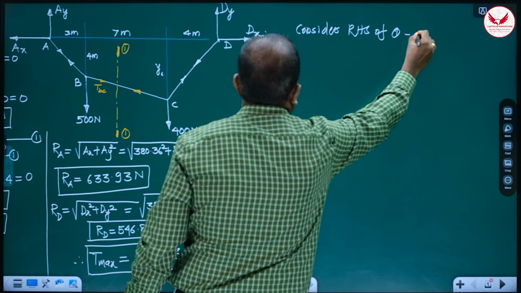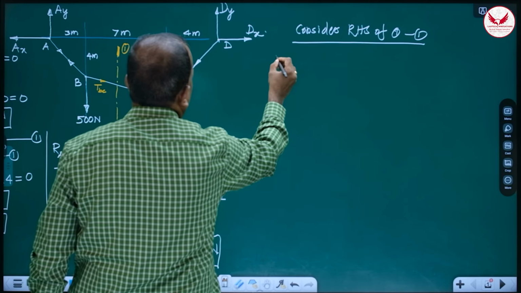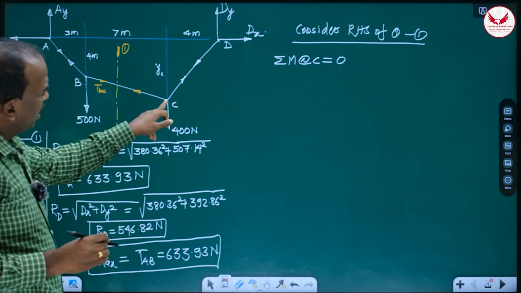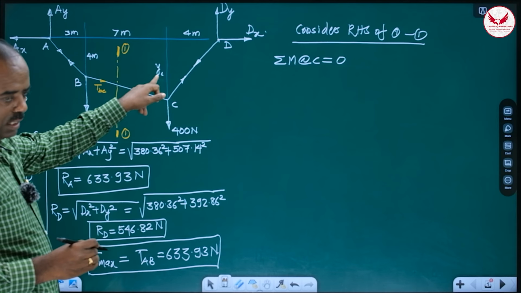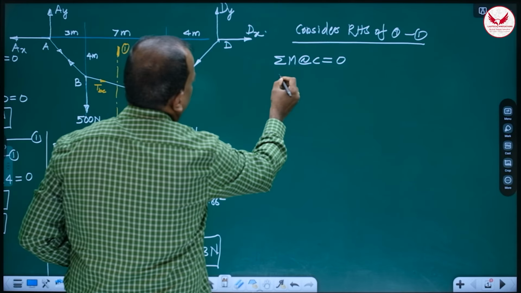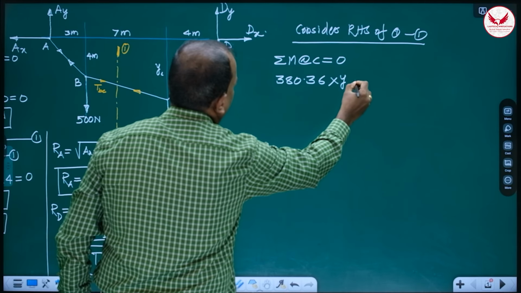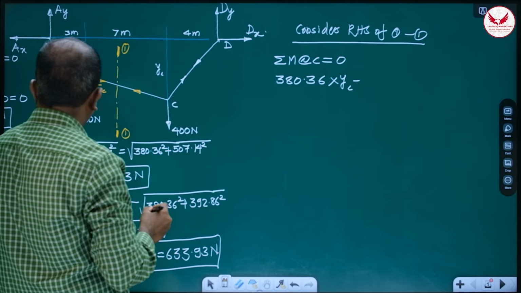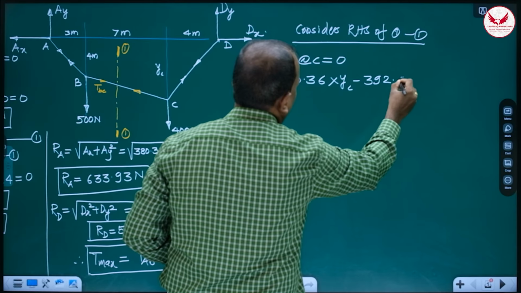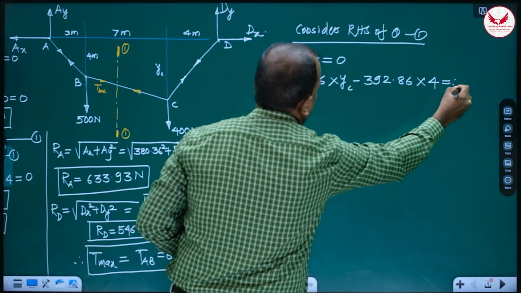Consider RHS of the cable, and if we take the moment, summation M about C, it is equal to 0. If we take the moment about this, we directly get this YC. How do we get YC? Because Dx is known. Dx is 380.36. So 380.36 into YC minus Dy, Dy is 392.86, into 4, is equal to 0.